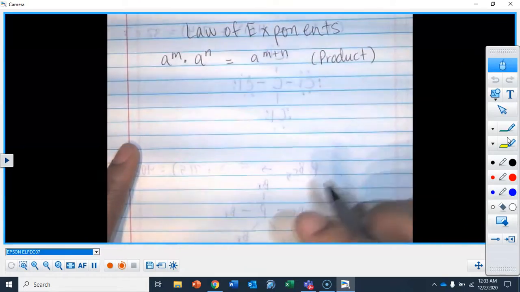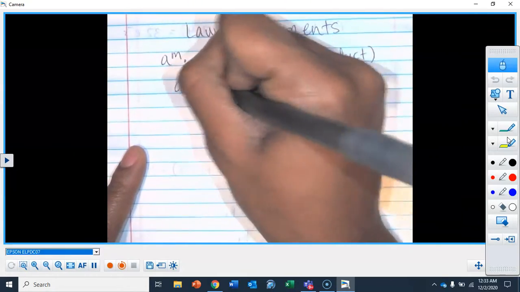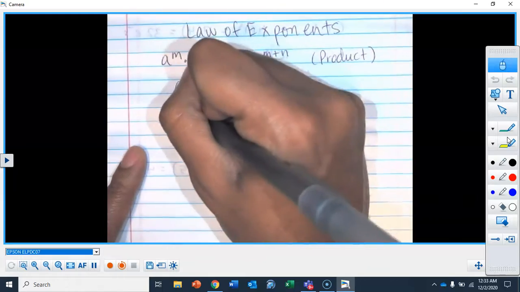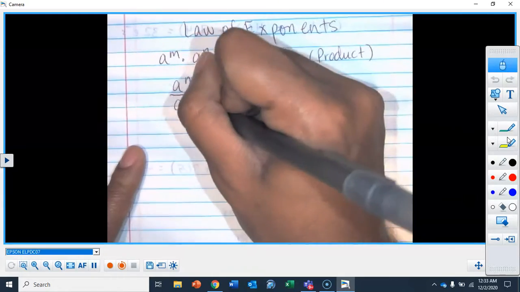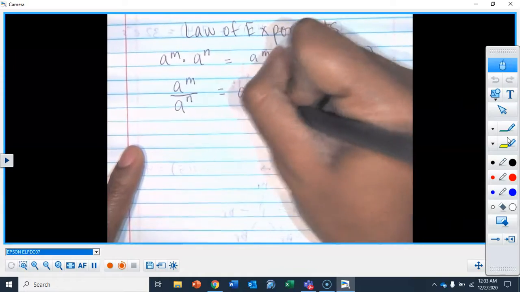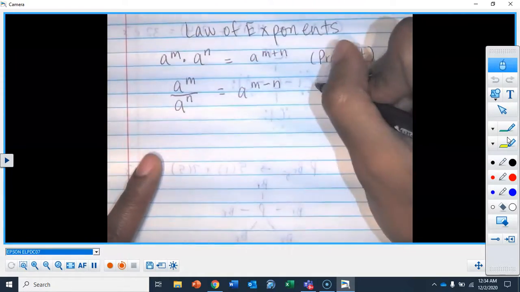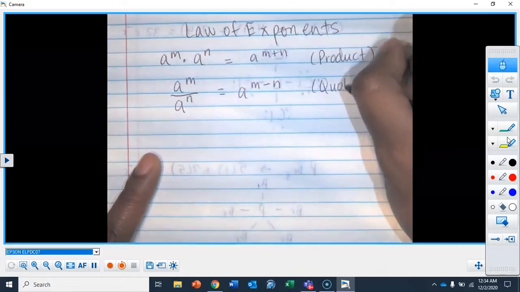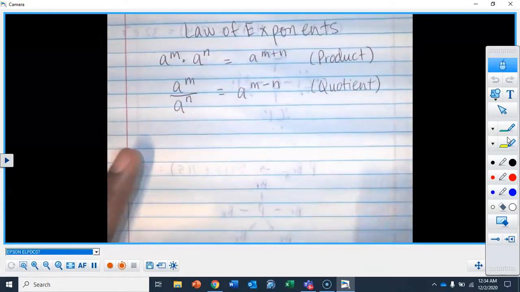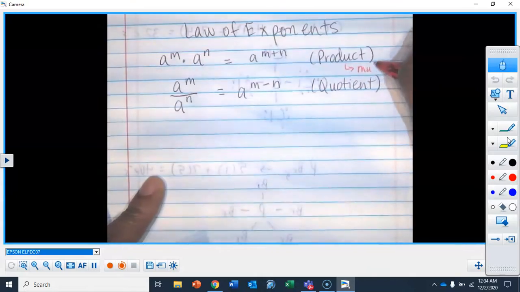Then the second one we talked about so far is the quotient, which means I have a base raised to a power divided by the same base number or letter raised to a different exponent. The law says I can subtract those two. And again, this one's called the quotient. Quotient is another word for division. So just to be clear, this one has to do with multiply.